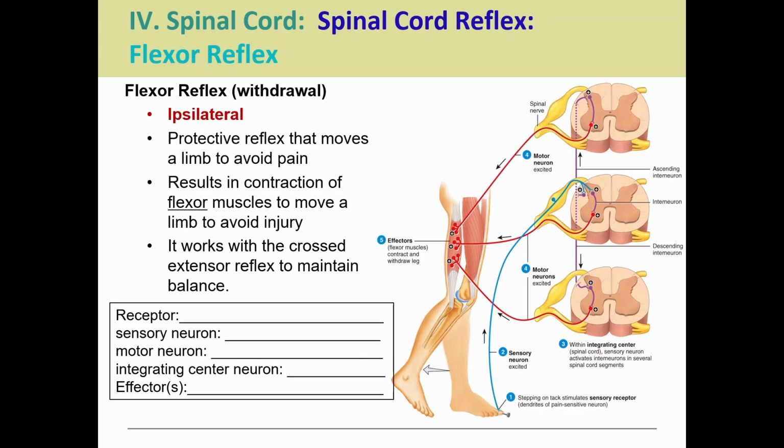So let's say we did this with touching a hot stove, right? We touch the hot stove, we receive information that this is hot and is causing pain, and then we send out the signal to the spinal cord through the sensory neurons, interneurons in the spinal cord process that. We send out signals to the effectors in the arm to pull the hand away.